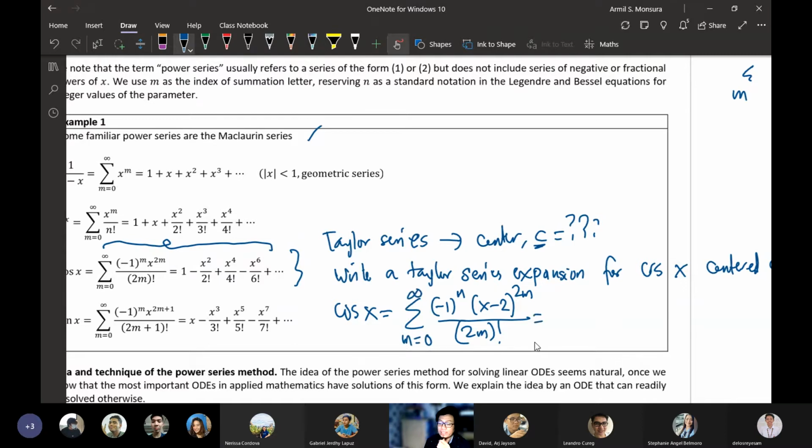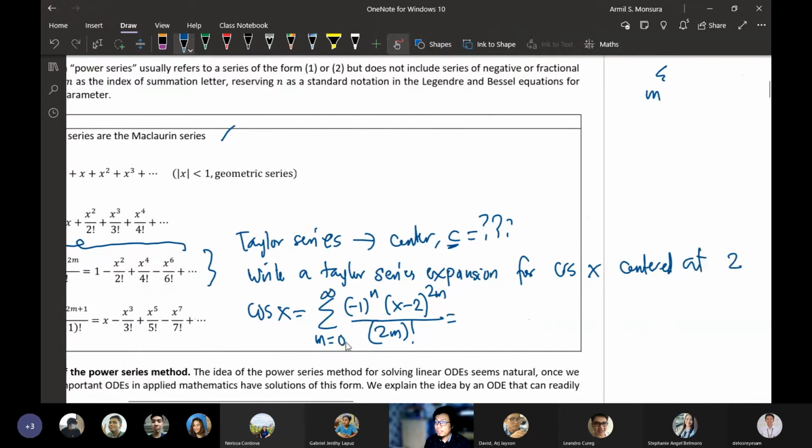Which kapag in-expand natin, when m is 0, -1 raised to 0 is +1. x minus 2 raised to 0 is 1. And 2 times 0, so 0 factorial, is 1. So you'll have this as 1. That's the first term.